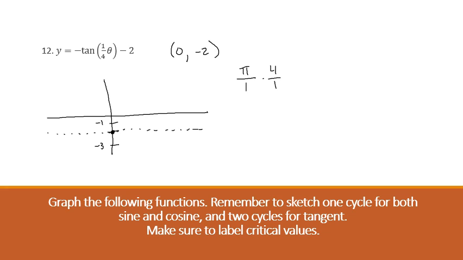So that makes 4 pi. We're starting at 0, so 0 plus 4 pi just puts us at 4 pi, right? So when we get to 4 pi, we'll be right here again along the midline. Put your asymptote, and now it's negative, so we're going to come down. All right, and there we go.